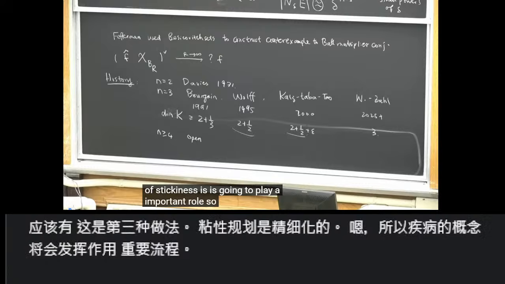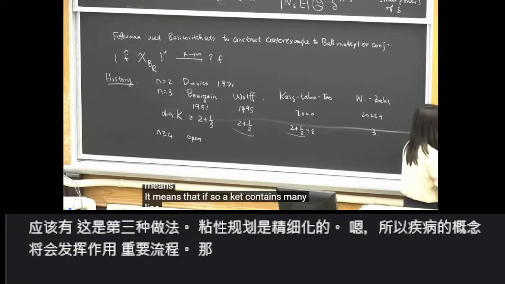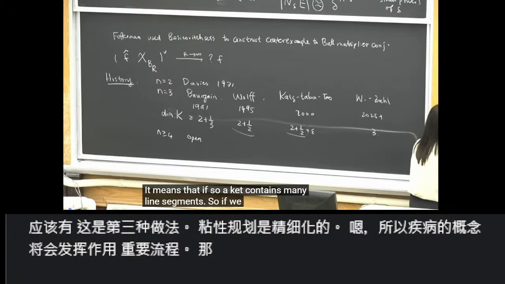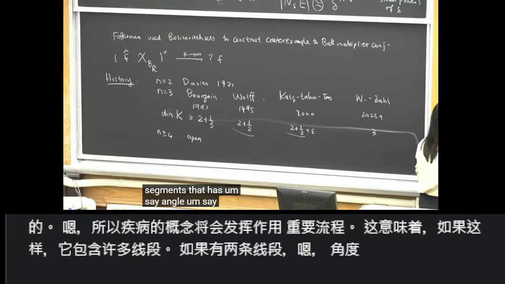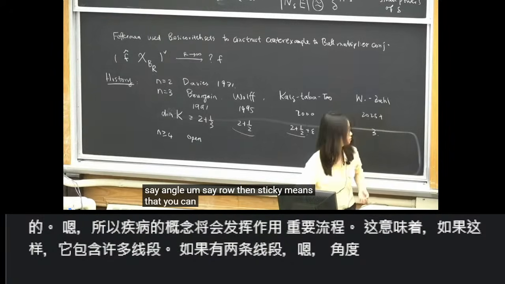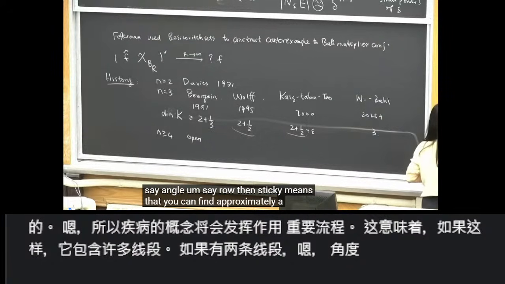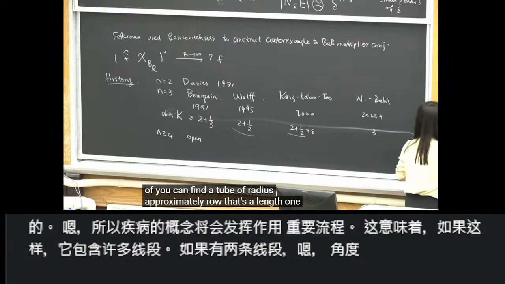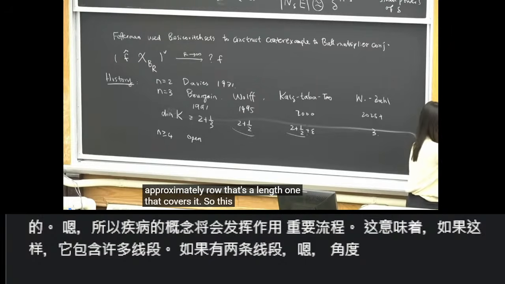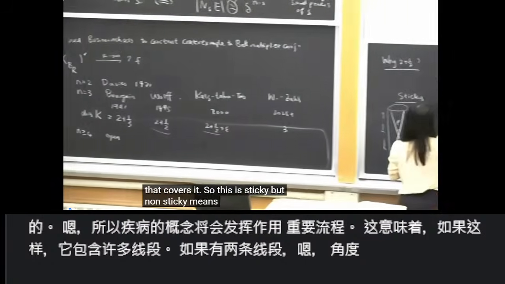So what does a sticky Kakeya set mean? It means that a Kakeya set contains many line segments. If we have 2 line segments that have, say, angle rho, then sticky means that you can find approximately a tube of radius approximately rho and length 1 that covers them.